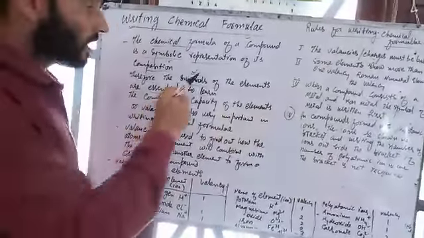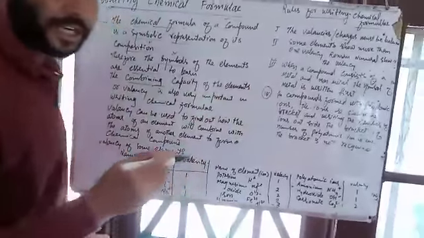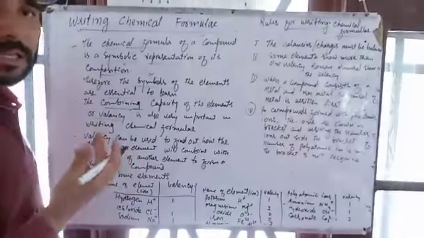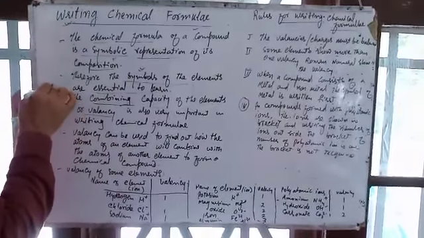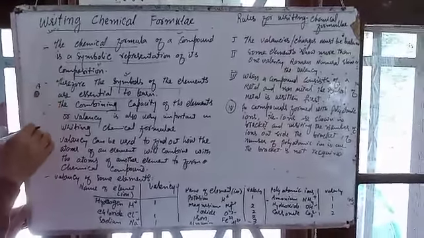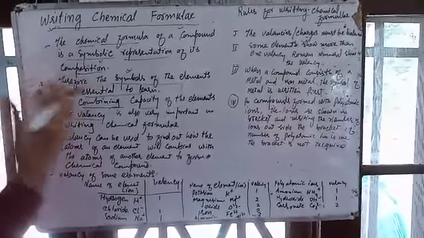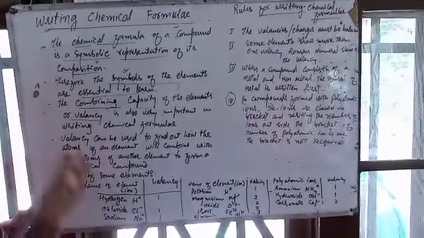When the symbols are available, then we should learn about the combining capacity of the element, that is valency. In the previous video, I already told about the valency. It is the combining capacity. That means for an atom, for example, this atom A, how many atoms can it combine with?